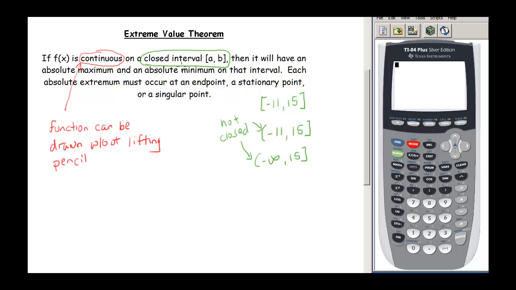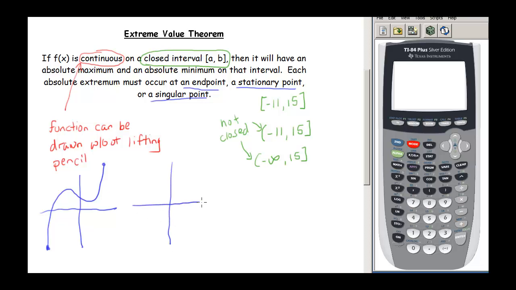Remember how we had an absolute max and an absolute min? And these mins and maxes will occur at endpoints, stationary points, or singular points. And we saw that those are the 3 types of situations that we had in that last example. Okay, so let's look just a little bit more closely at that word continuous. So this is an example of a continuous function. My function can be drawn without lifting my pencil.